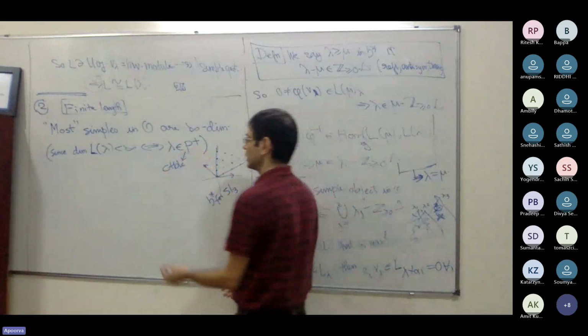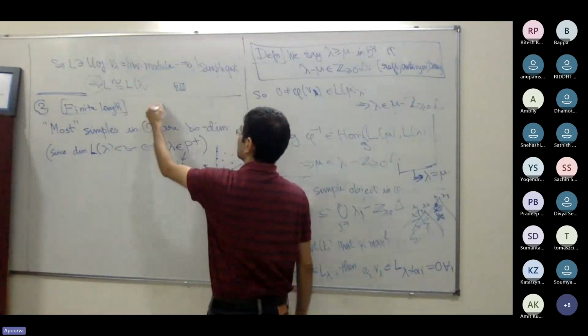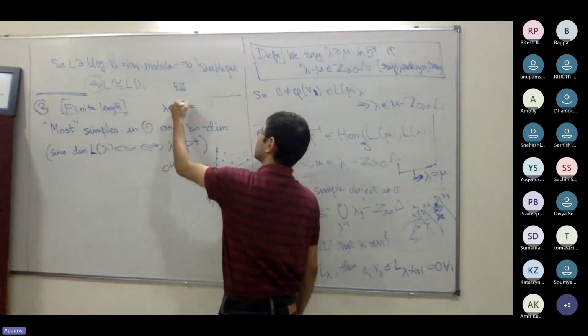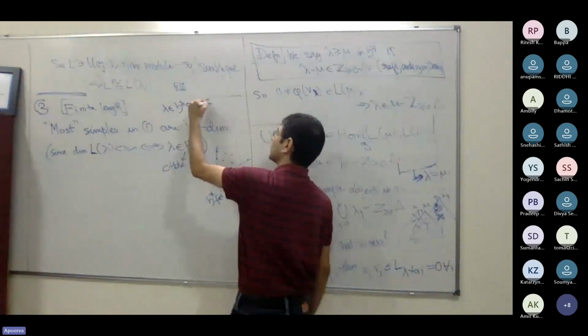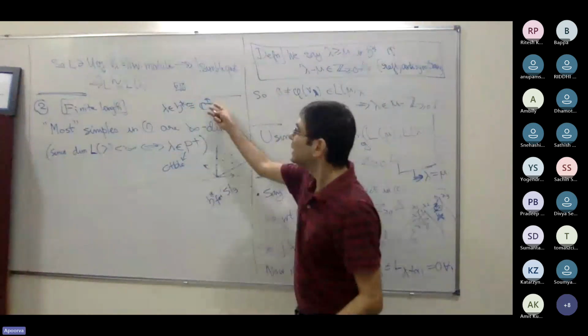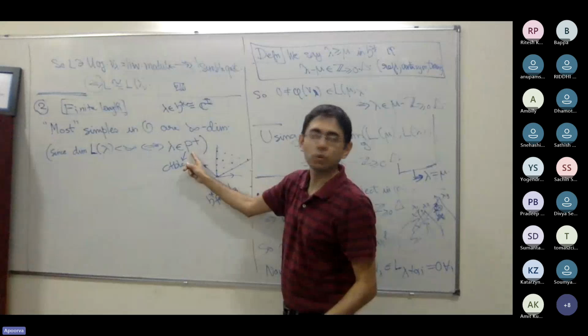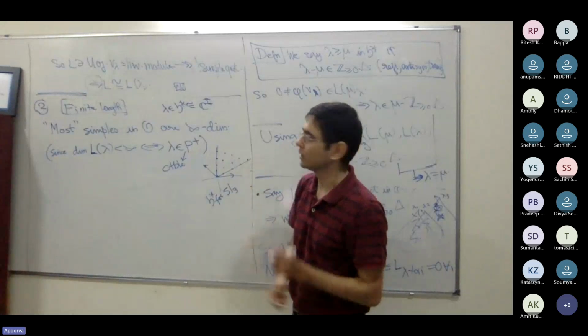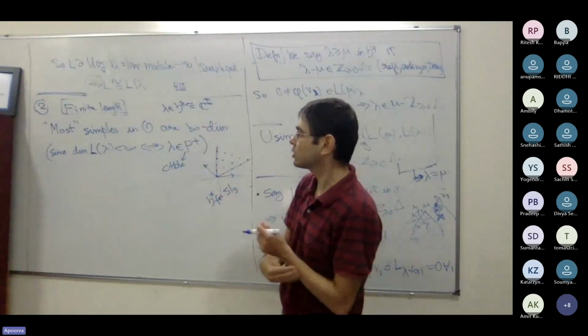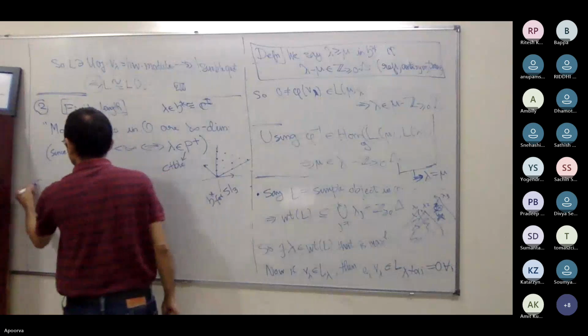Whereas H star is of course C to the power r, which is uncountable. So many more simple objects are infinite dimensional. Very few, only countably many, are finite. So most simples are infinite dimensional.